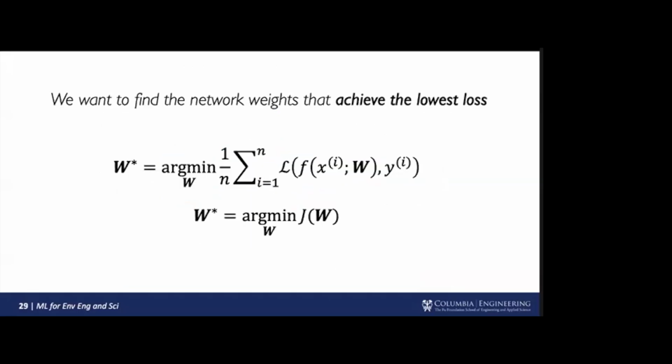Now, training a neural network means finding the weights that give the lowest loss. We define an objective function, which is the average loss over the entire data set, shown here. The goal, as we mentioned before, is to find a set of weights, W star, that minimizes this objective. The equation just formalizes that idea mathematically.